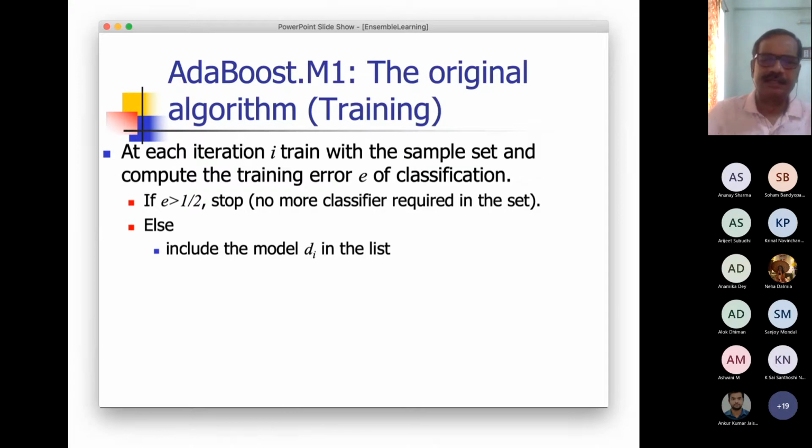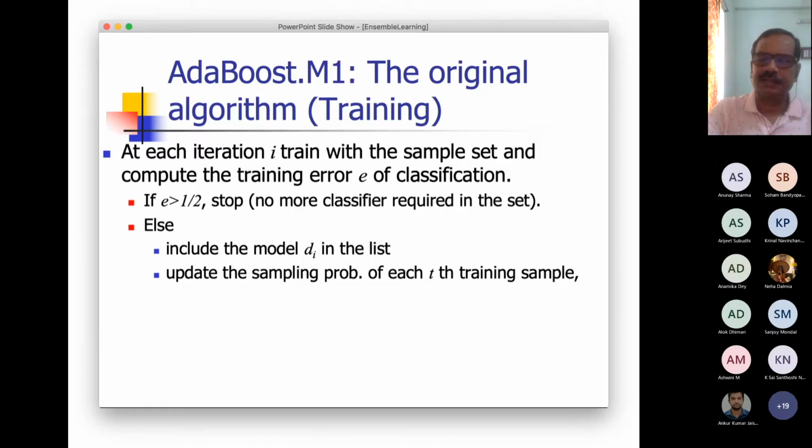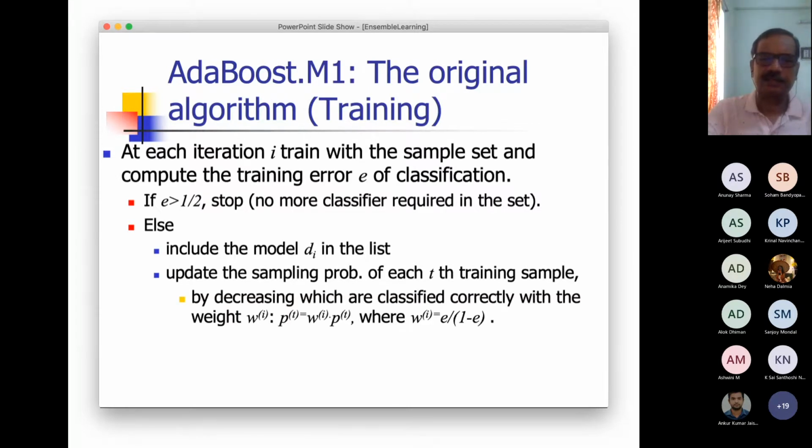This weight is used both for reducing the probability of sampling of the samples correctly classified by that classifier, and it also determines the weight of the decision. This weight is computed as E by 1 minus E. Since E is less than half, this weight is high when the weight is high for the classifier.